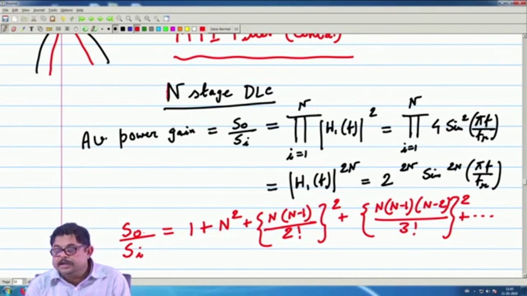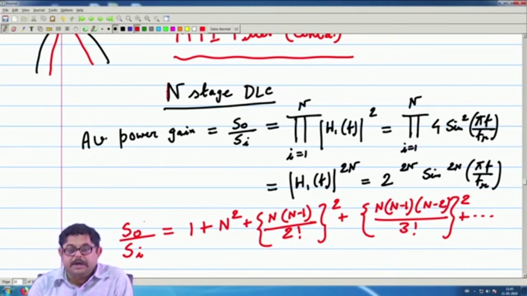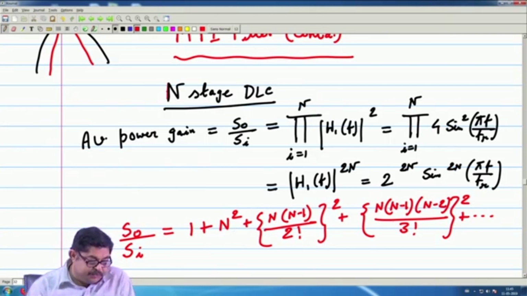The clutter attenuation part is separate, that comes from this type of expression, that f by sigma f, etc. So, you can separate how much signal power gain I need, and then from this expression you can easily find it.